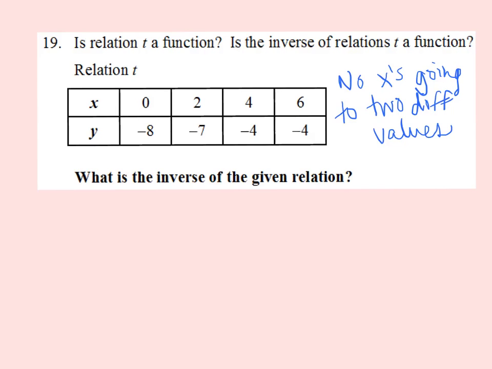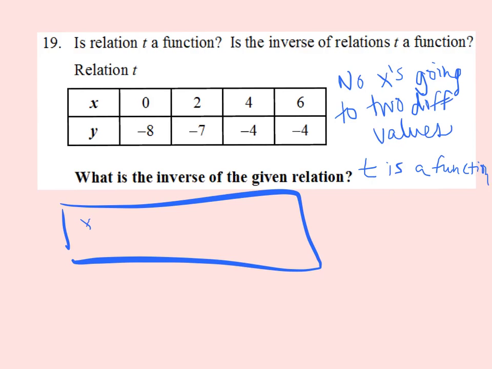T is a function. Now though, we have to also look at our inverse. So let's make our xy chart where we're going to put our inverse. I'm switching all of my points, so it's going to be negative 8, 0, negative 7, 2, negative 4, 4, and negative 4, 6.